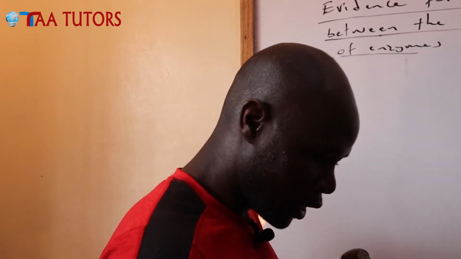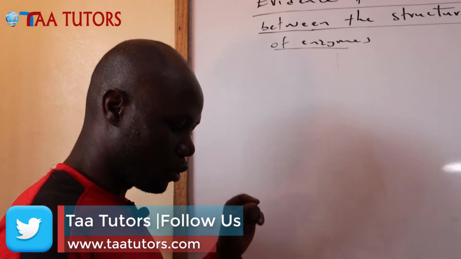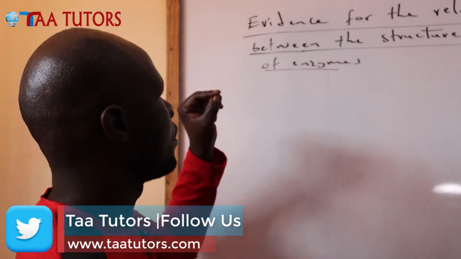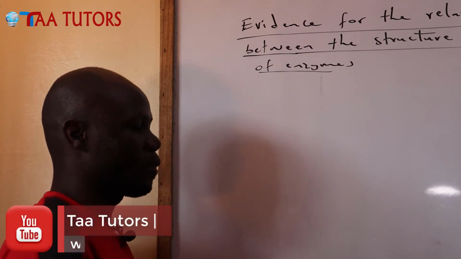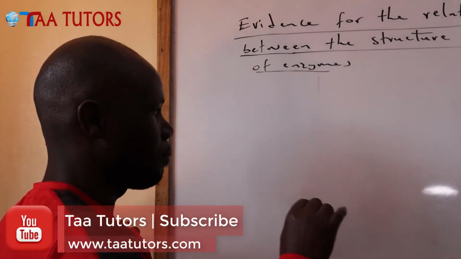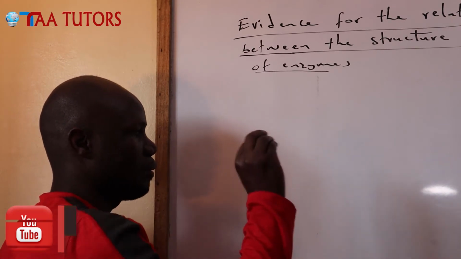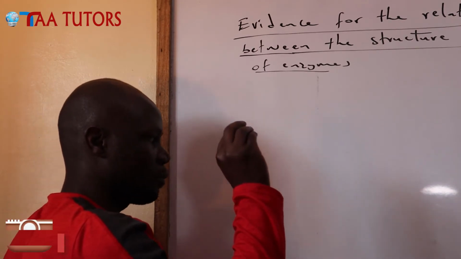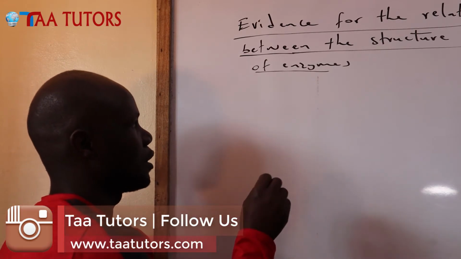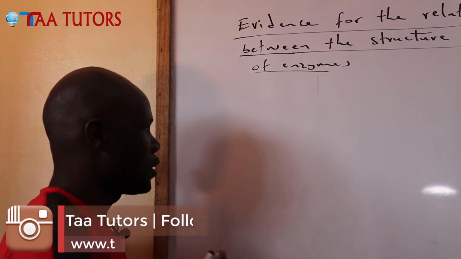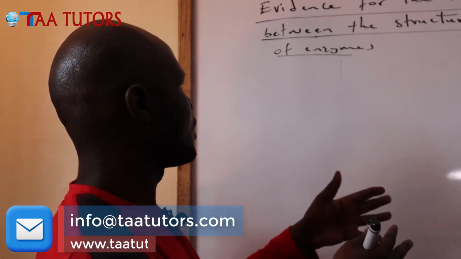Now we have also known that enzymes do not change, or do not contribute to the change of the product. In other words, enzymes only facilitate the reaction, but they don't take part in the reaction. They remain unchanged. So the product that is coming out is just that product, and the enzyme is not going to affect that particular product in terms of how it is, but it is their numbers that is going to help us.